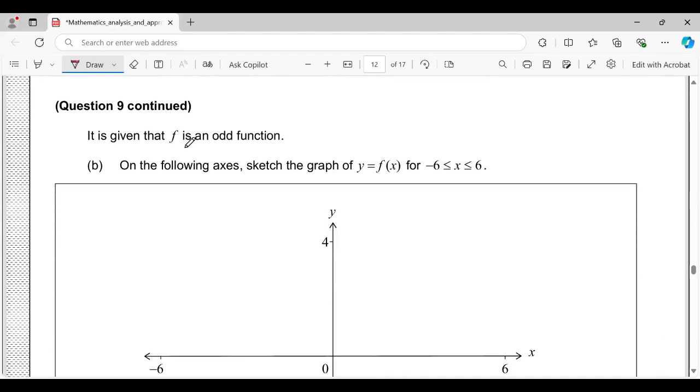Next. It is given that f is an odd function. On the following axis, sketch the graph of y equals f(x) with the same interval.